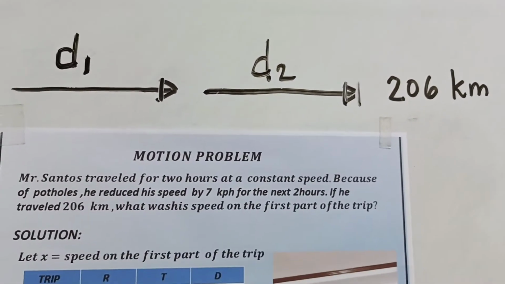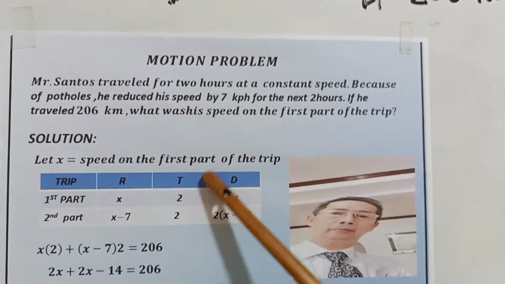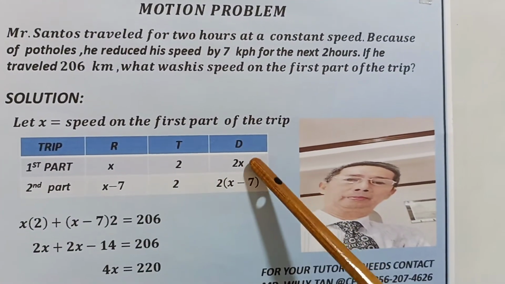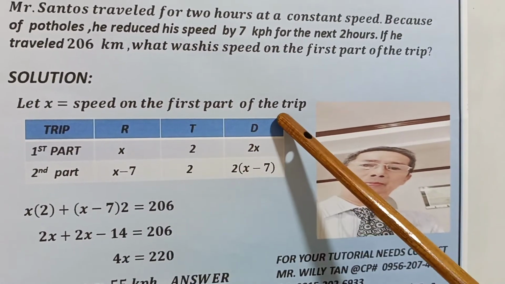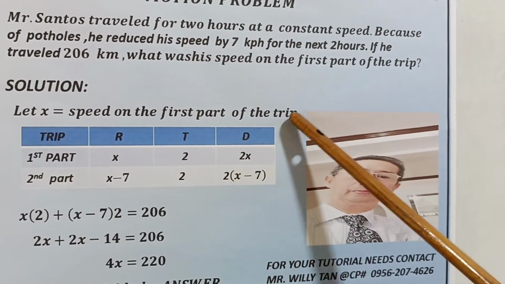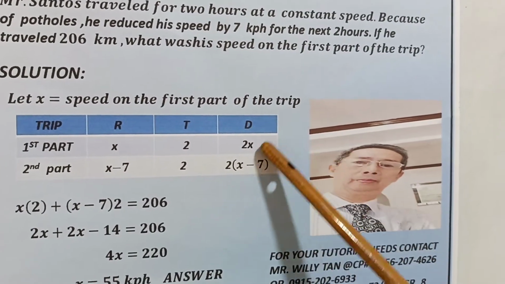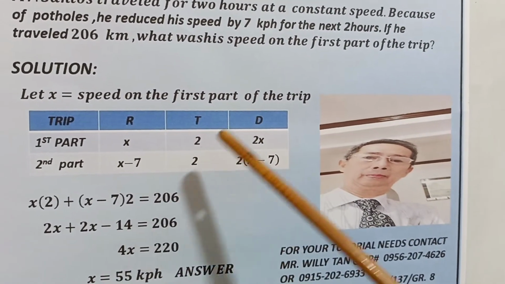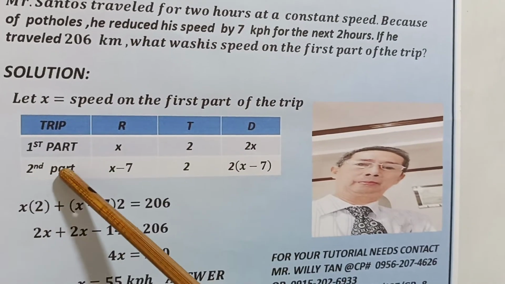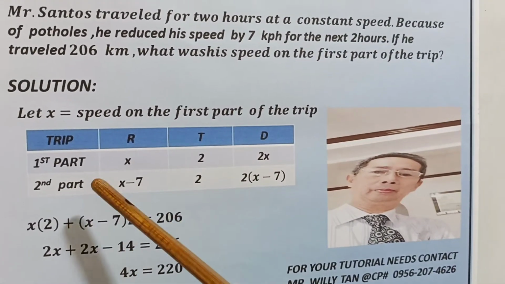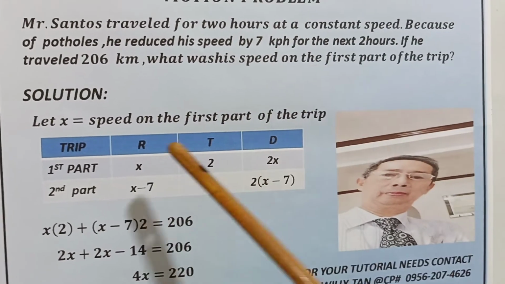First, we're going to tabulate the given information. We let x be the speed on the first part of the trip, since that is the unknown. We know that distance is equal to rate times time. For the first part, the rate, which is unknown, is x.